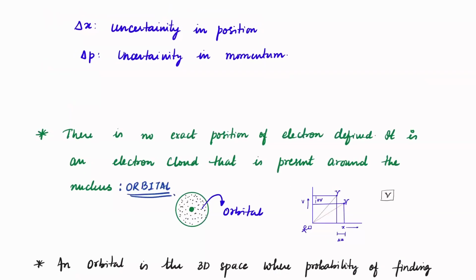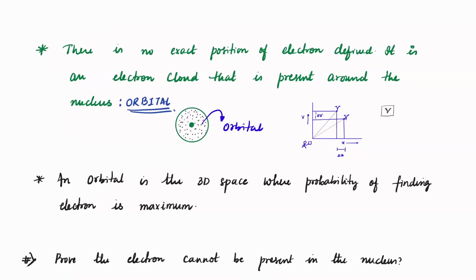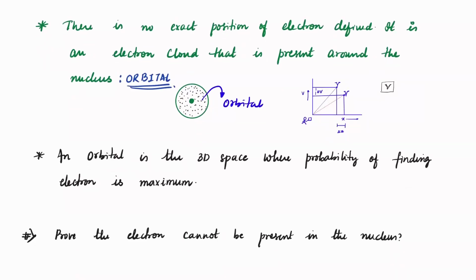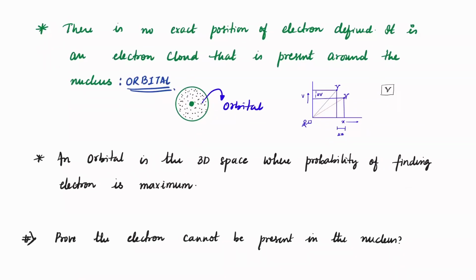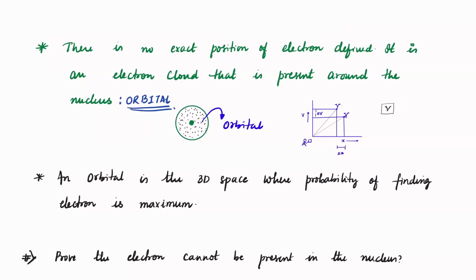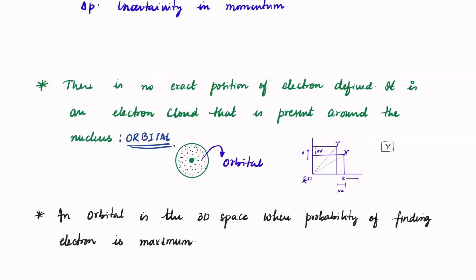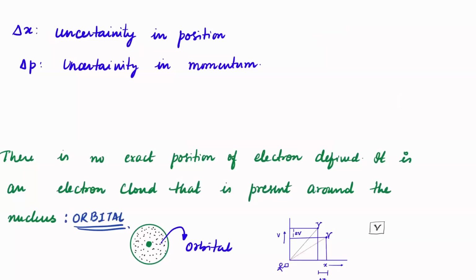Okay, now look into this. If we figure out that there is an electron present somewhere, by the time that information reaches you, the position of the electron will always change. Let me explain it in simple terms here. Check out.